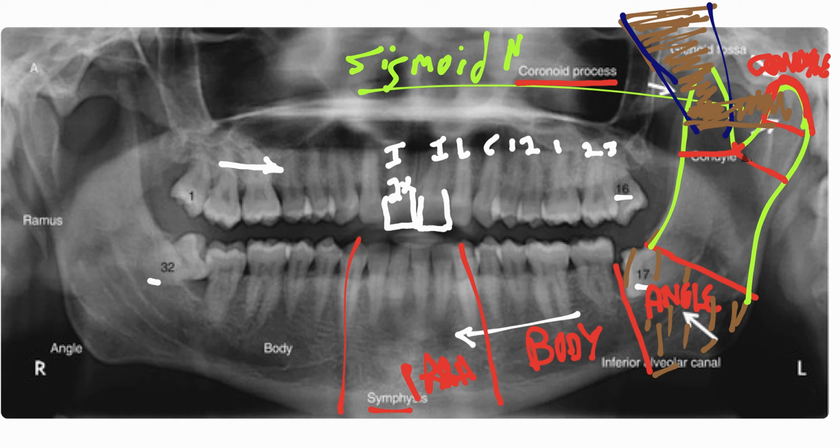Below the condyle, but above the sigmoid notch, is the subcondylar portion of the mandible. And then this portion, which is below the sigmoid notch but above the angle of the mandible, is the ramus.